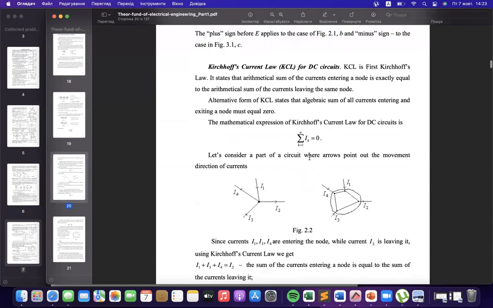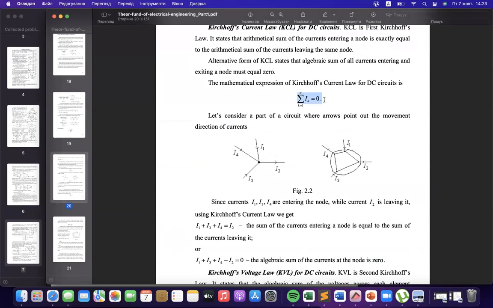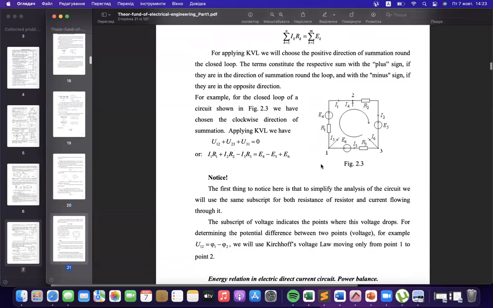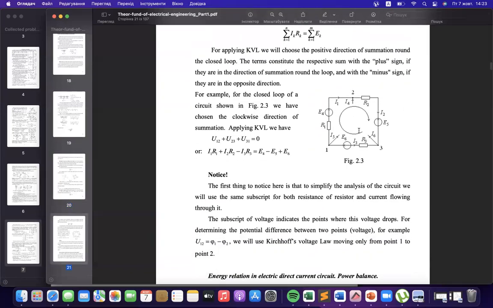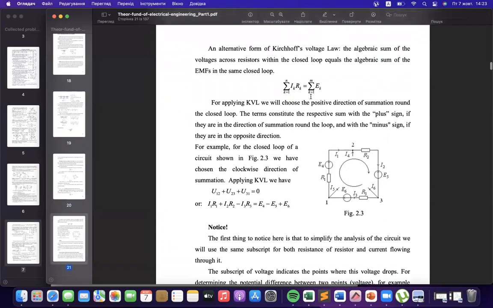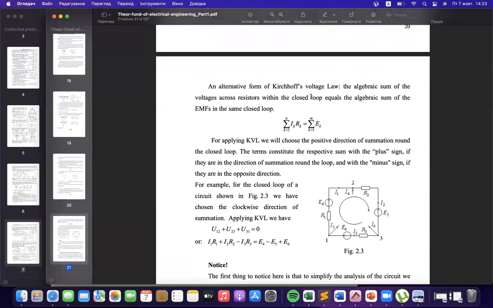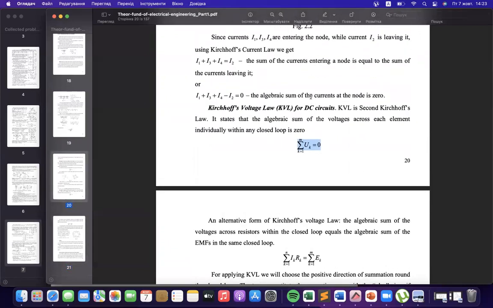And also two Kirchhoff laws. Kirchhoff's law about current: the total current in the node equals 0. And Kirchhoff's law about voltage: the total voltage inside a mesh also equals 0. These two laws are conservation laws, the charge conservation law and the energy conservation law, just written in the form of electrical engineering.